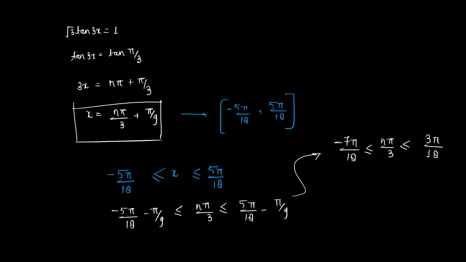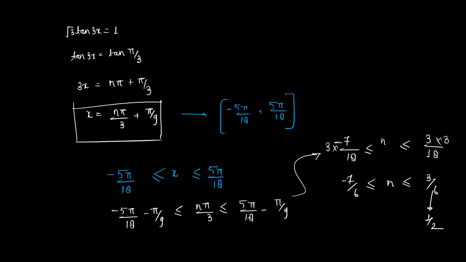Let me simplify this. So on multiplying by 3 here and here, we will have minus 7 by 6 and 3 by 6, which is half.